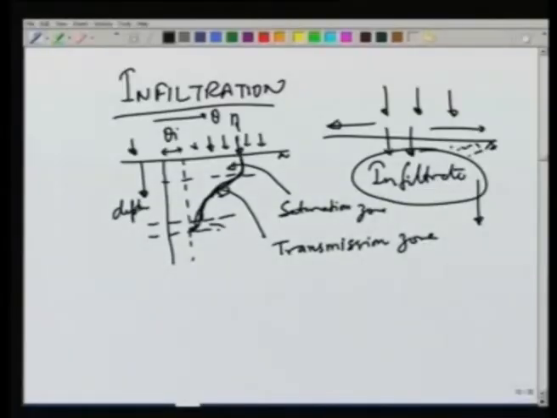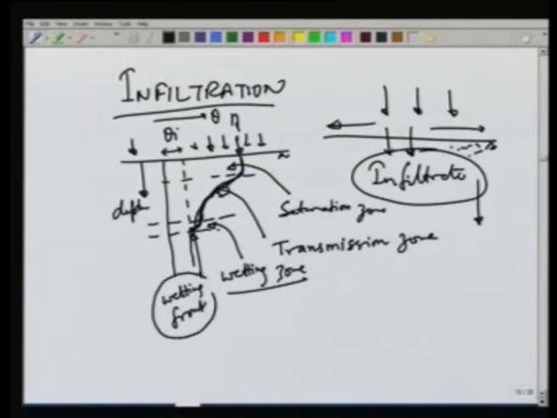And then we have a third zone here, which we can call the wetting zone, and there will be a sharp front here, a wetting front. So, below this level the soil will be existing at its previous or original moisture content.